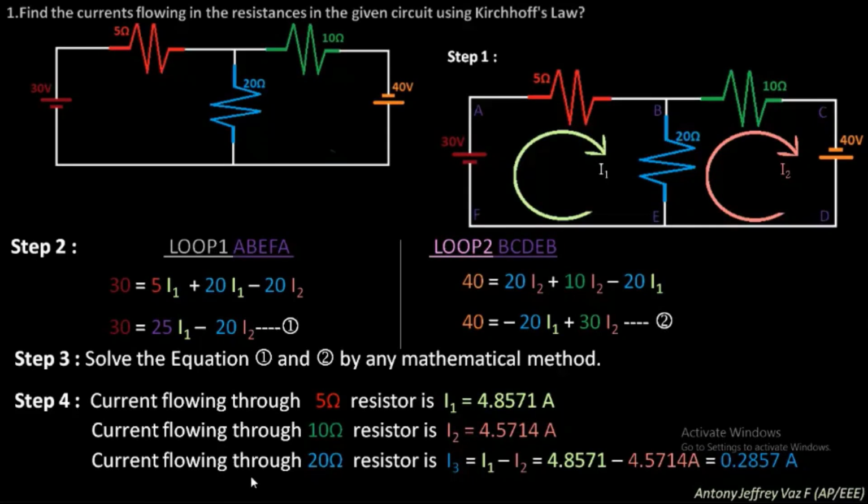The current flowing through the 20 ohm resistor is I3, which equals I1 minus I2, because I1 is from B to E, whereas I2 is from E to B. So you subtract I1 minus I2, which is 0.2857 amperes. This is a very easy problem. Did you all understand? If you have any doubts, please ask.